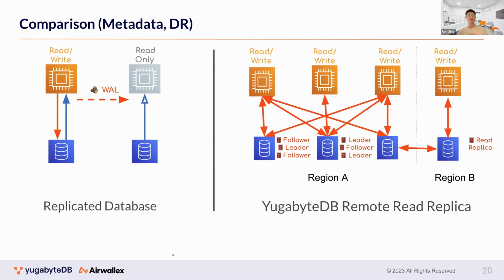Just to do a quick comparison between the traditional read replica and the distributed read replica, what's the difference? It comes with two aspects. First, if you're replicating the write-ahead log in the single node architecture, node 2 will have an exact, complete copy of node 1. Node 2 has its own system catalog information, its own connection pool and all this.